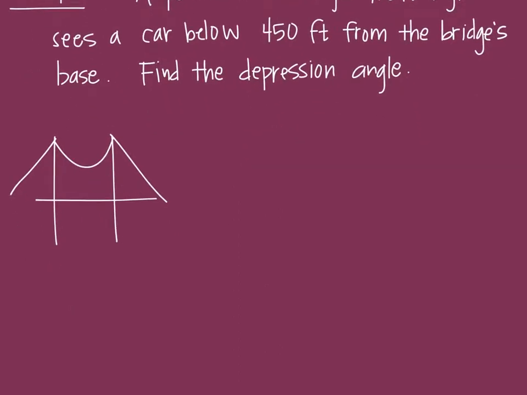Got a person standing on the Golden Gate Bridge. Okay, we know that this person is 980 feet high. They see a car below. So here's our little car. 450 feet from the base.